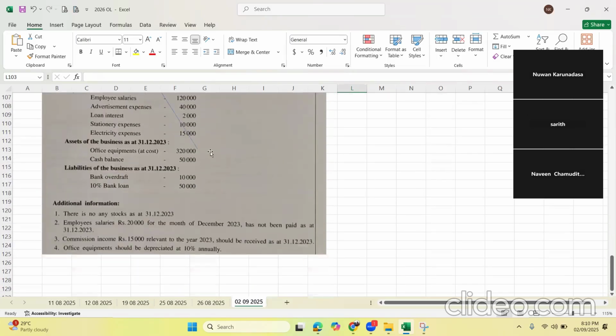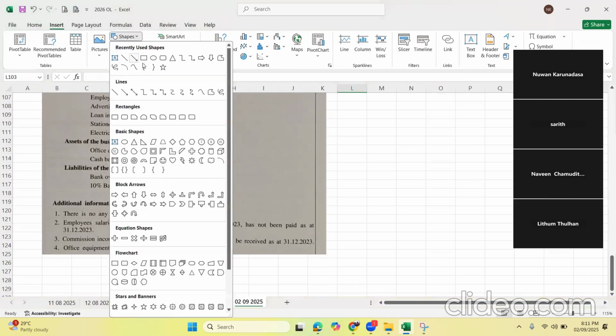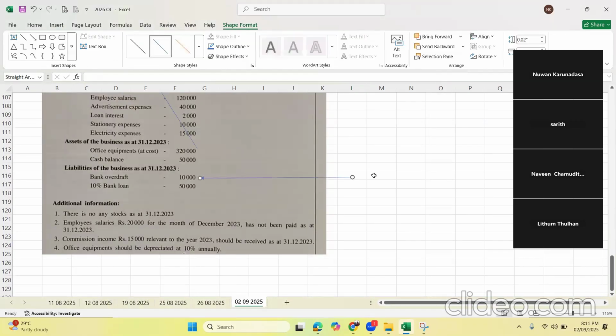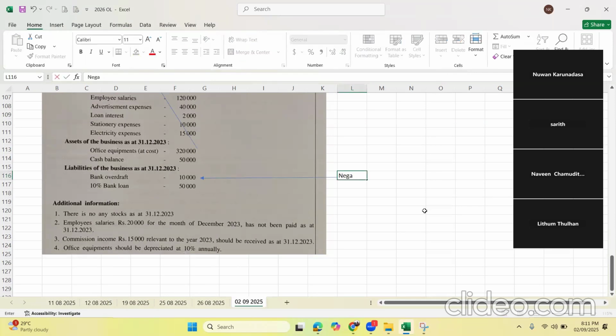We have already learned the meaning of bank overdraft: negative balance in the bank current account.